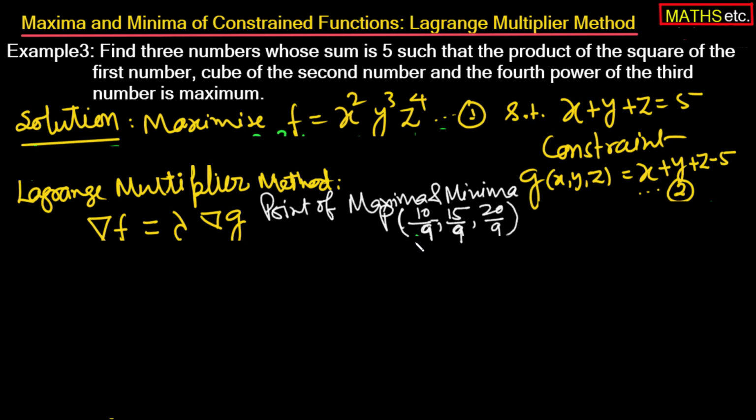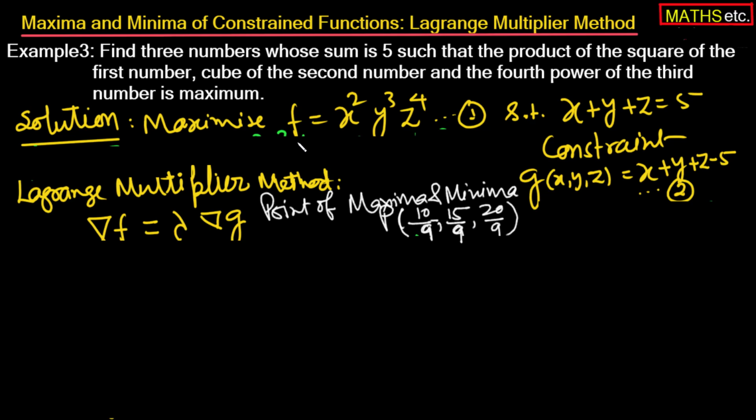But it does not tell me exactly whether this is the point of maxima or the point of minima. In our previous two examples, it was easy to find the nature of the points because we had 2 points and we put those points one by one in the function. We obtained the values of the function at those 2 points.